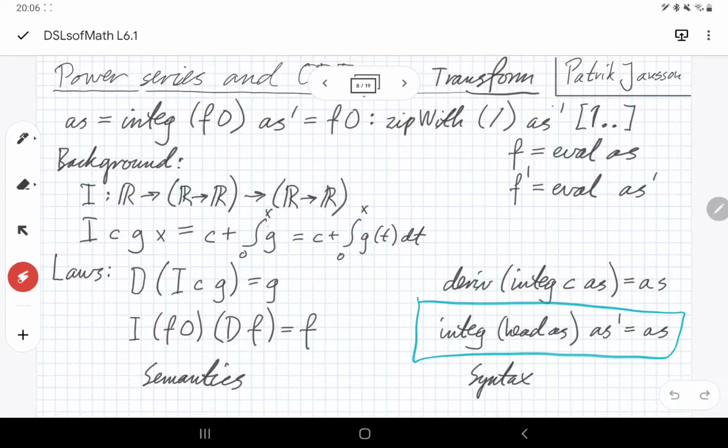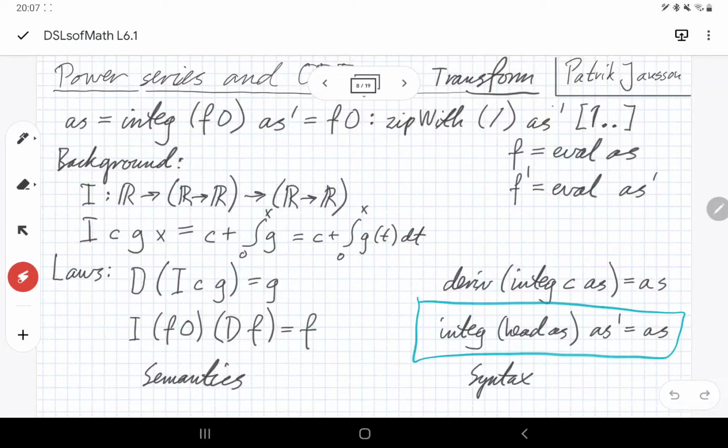The core of it is that the function g is being integrated. And then we add a constant in front. And the law on the semantic side is that if we integrate, starting from whatever constant, the function g and then compute a derivative, we should get back to the g we had. Integration is sort of the inverse of derivative.